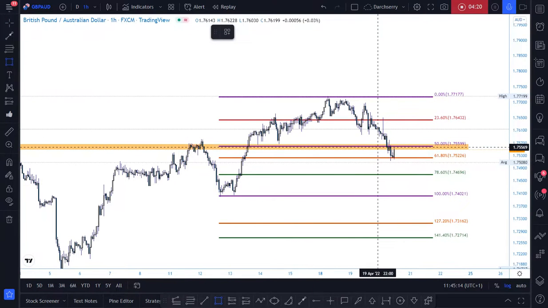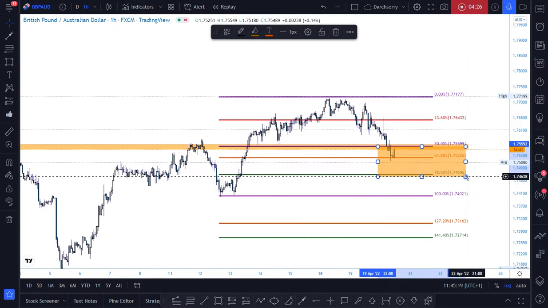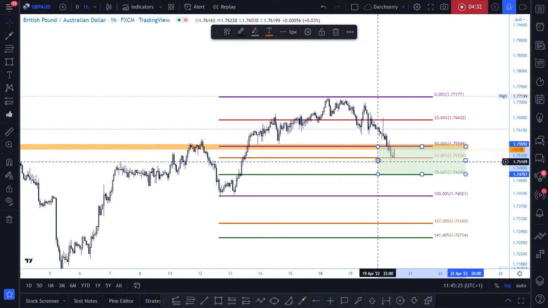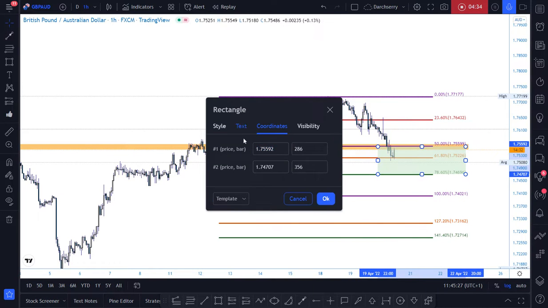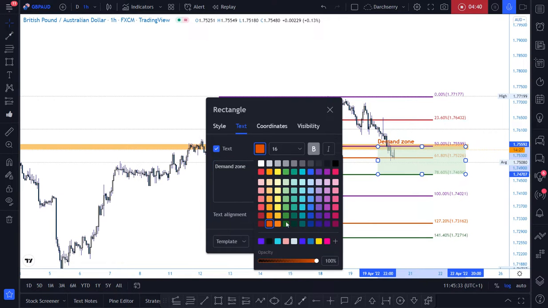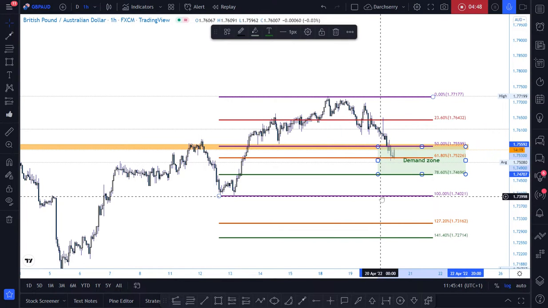So I would like to draw this out so we have a clearer picture of what we are looking out for. Our demand zone is always green, and let me label this demand zone in the middle and center.